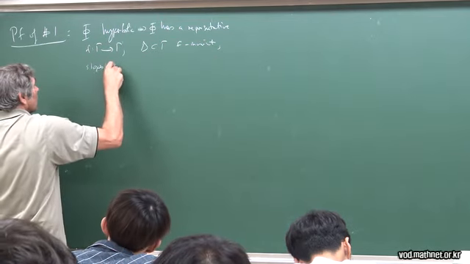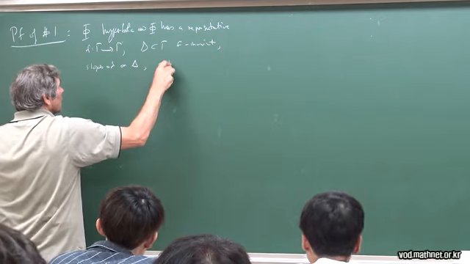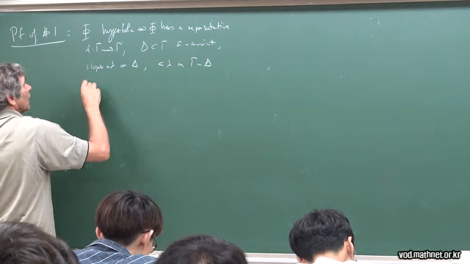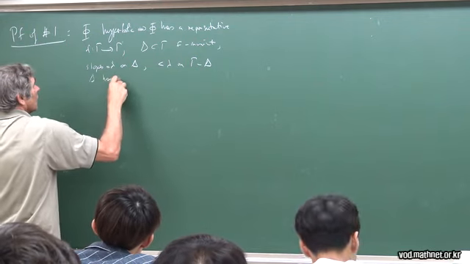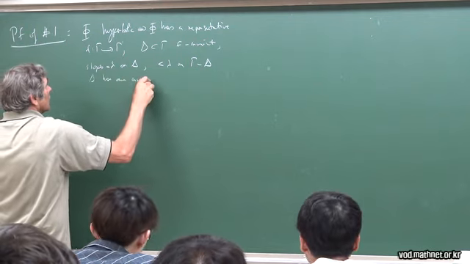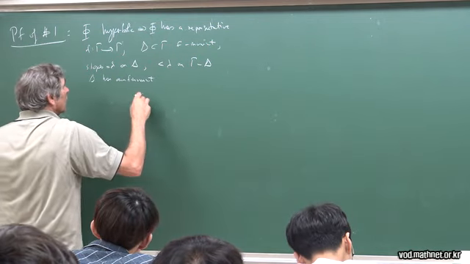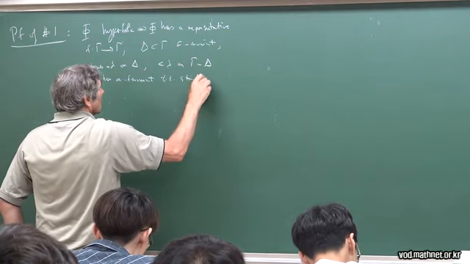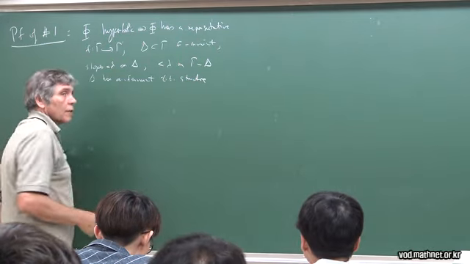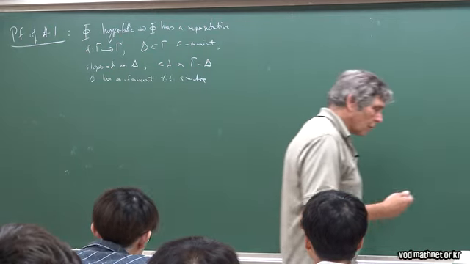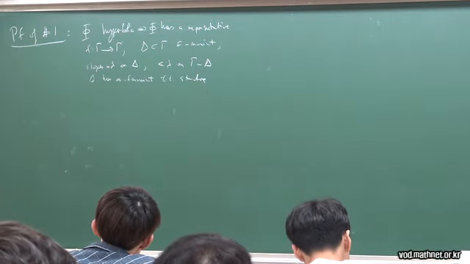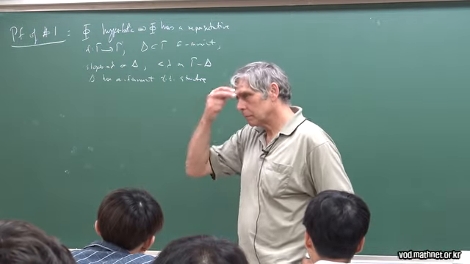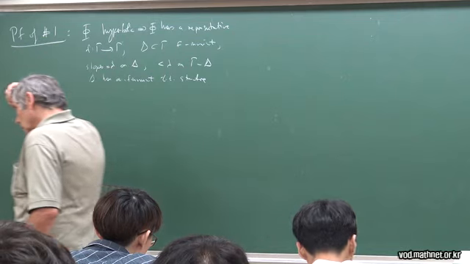Slopes are equal to lambda on delta and less than lambda on gamma minus delta, and then delta has an f invariant train-track structure. Okay, that was what number one said. So starting from the assumption that phi is hyperbolic, we have to find a particularly nice representative that has this train-track structure on a subgraph.